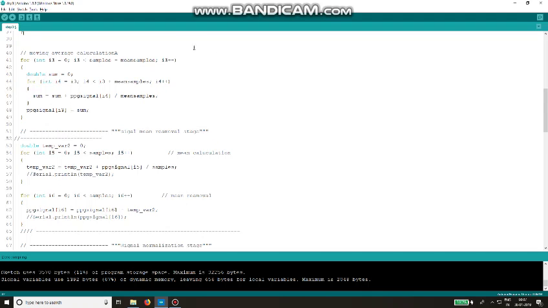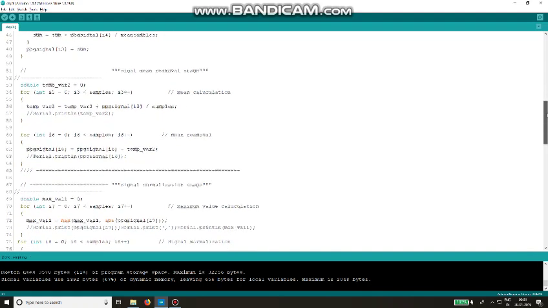We calculate the average up to the 10th element and store it there, then the next 10 elements and store it in the corresponding ith element. This is a moving average filter, which was discussed in the last video also.